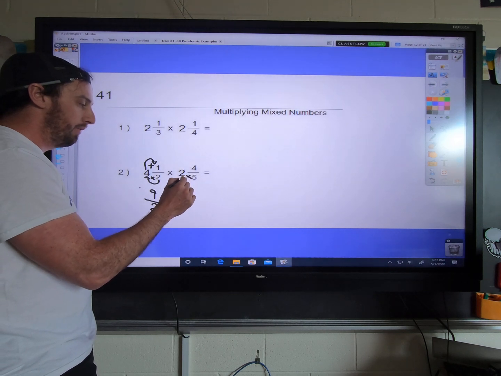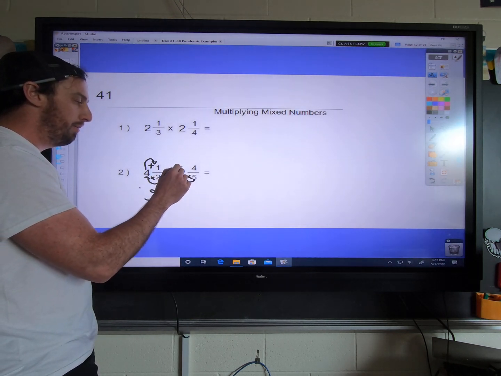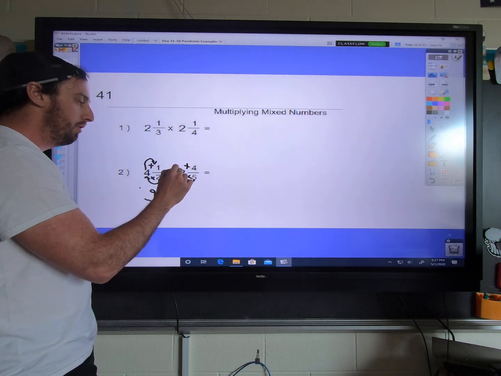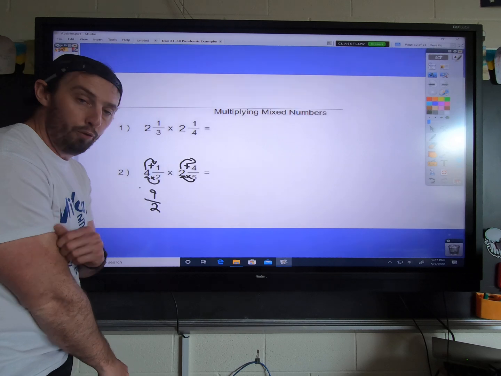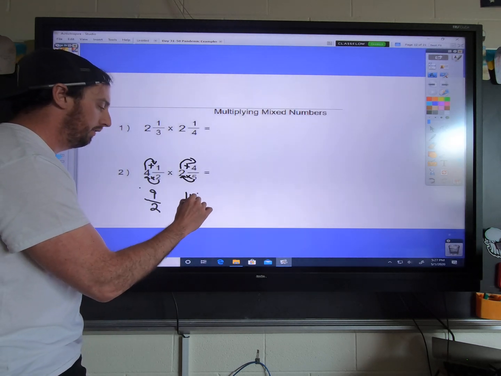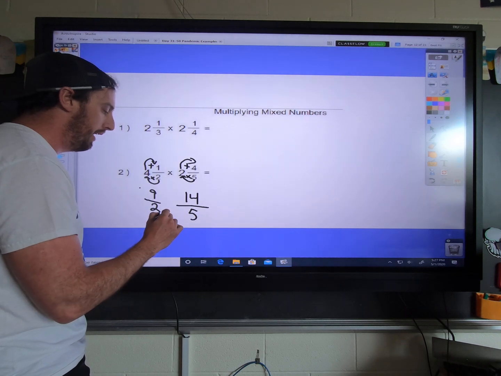Same thing goes for this one. 5 times 2, denominator times whole number, and then add it to your numerator. 5 times 2 is 10, plus 4 is 14, over my original denominator of 5.